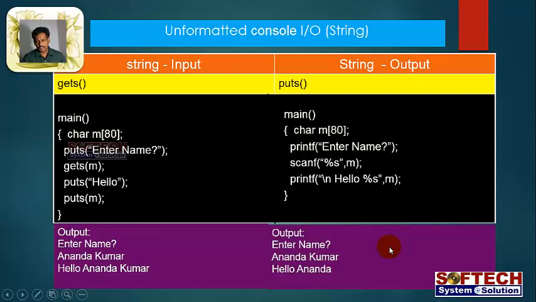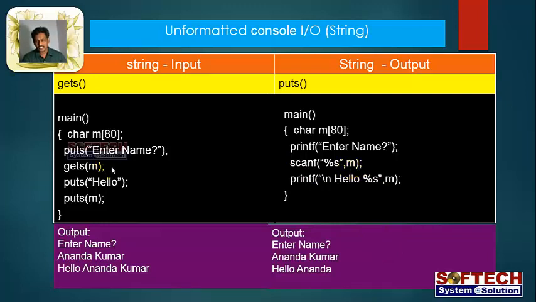Otherwise we give 25, then press the enter key, then give the next input, line by line. So there are two ways. By using a blank space we can separate the inputs, otherwise we press the enter key after each and every input. This is how to give multiple inputs to the scanf function.